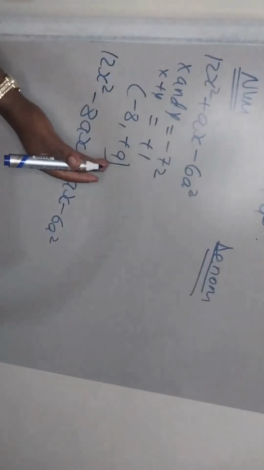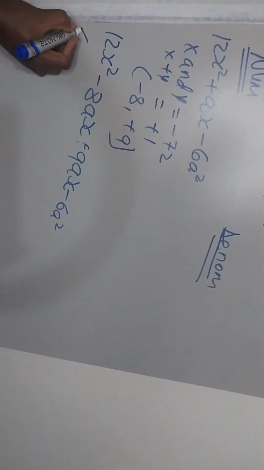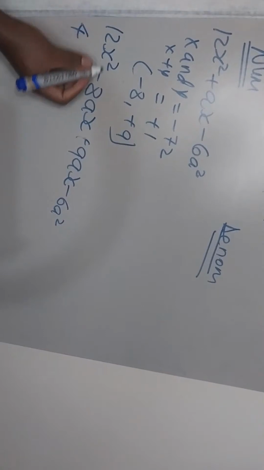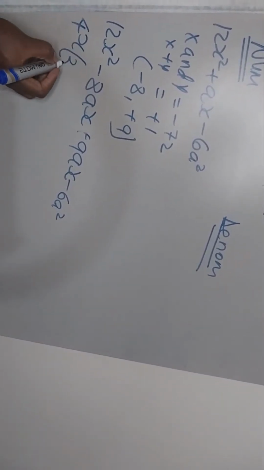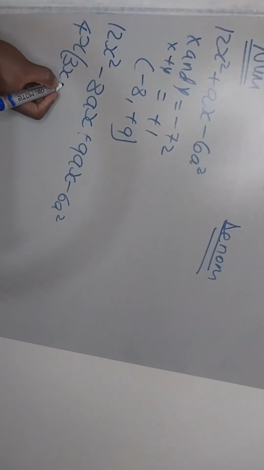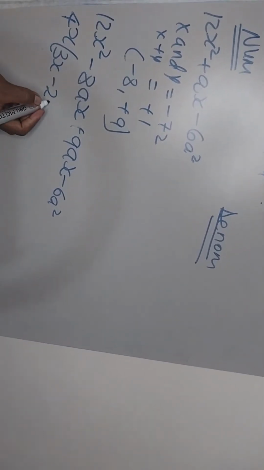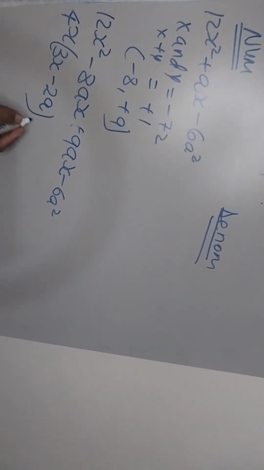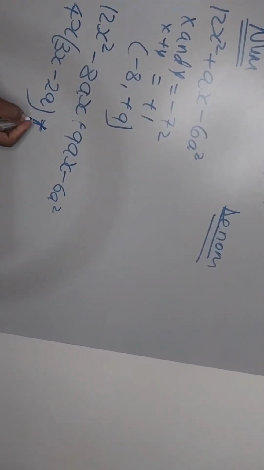In every two, pick what is common. 12 and 8 share 4. x squared and ax share x. Here we remain with 3x minus 2a, since 8 divided by 4 is 2 and ax divided by x becomes a. The third sign will always repeat itself down here.